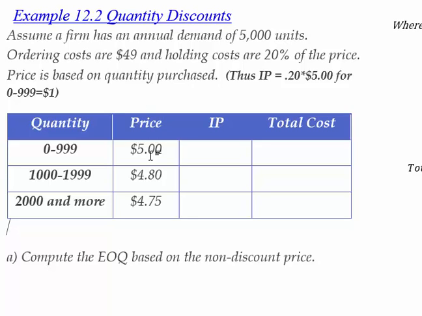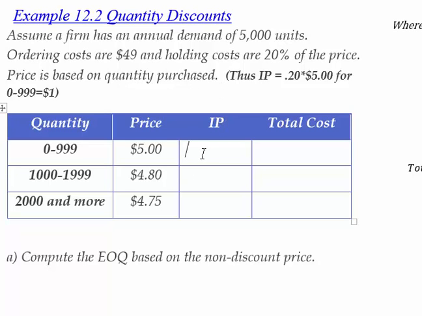So first thing that's important is this IP here is the same as H. So we're going to calculate the holding cost as a percent of the price. So I tell you up here that a firm has an annual demand of 5,000 units, ordering cost of $49. Holding costs are 20% of price, and price is based on the purchase quantity.